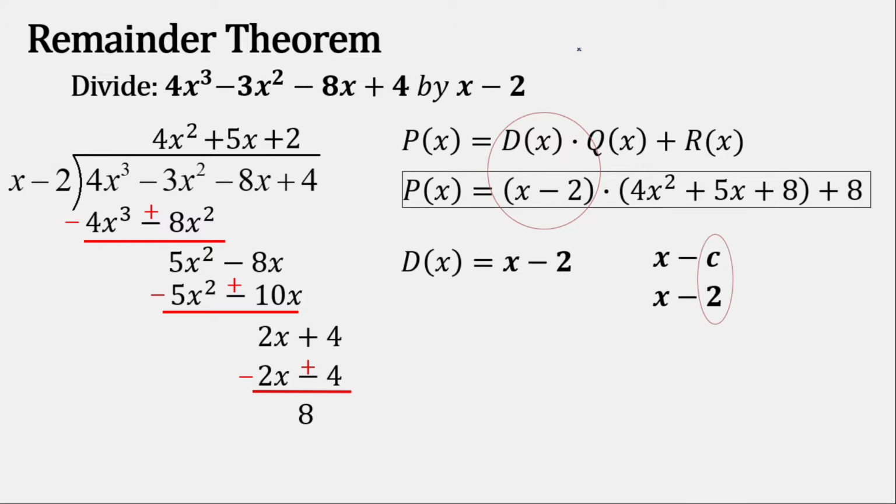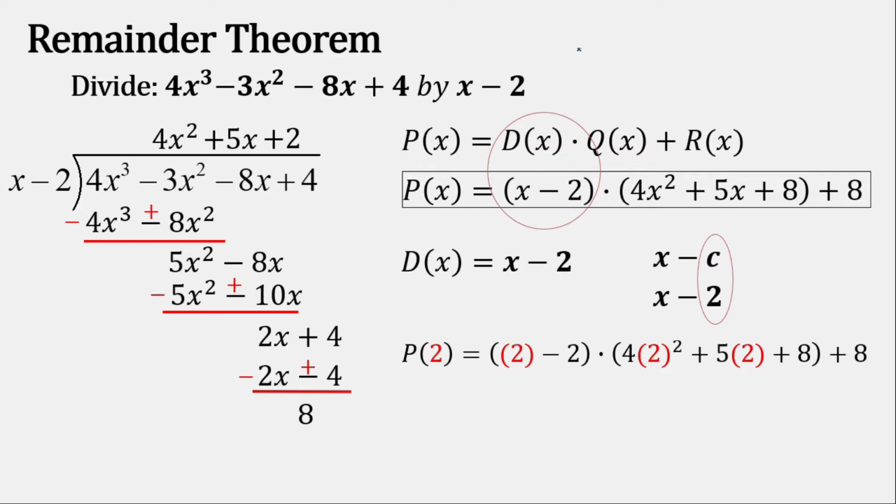Now let's consider the polynomial expression and substitute the value of c for x. So p of x will become p of 2, which is 4 times 2 cubed minus 3 times 2 squared minus 8 times 2, plus 4 times 2 minus 2 times the quotient, plus 8.